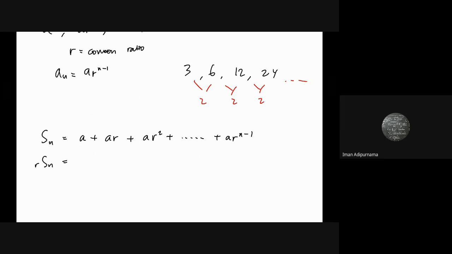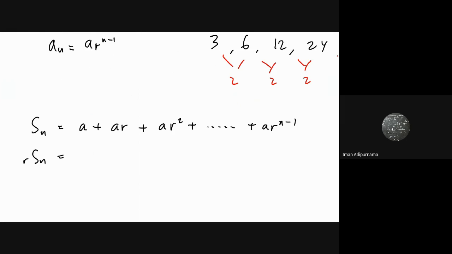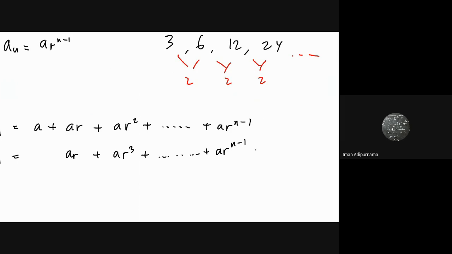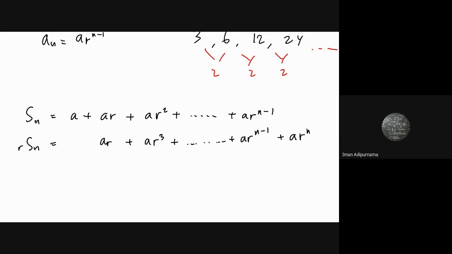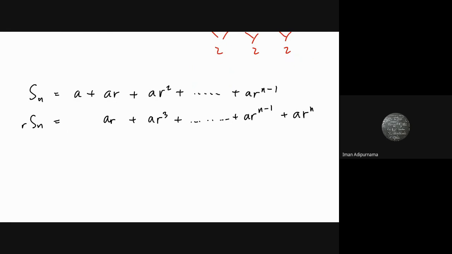Let me write it a little bit shifted to the right, so you can see the result. The second is the third, and then dot dot dot, a r to the n minus 1 multiplied by r should be a r to the n.